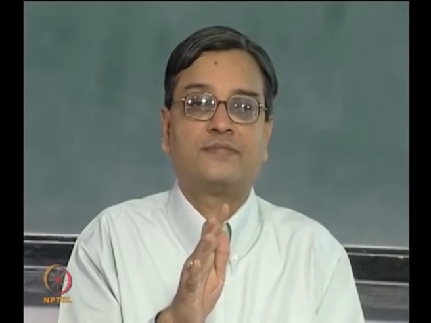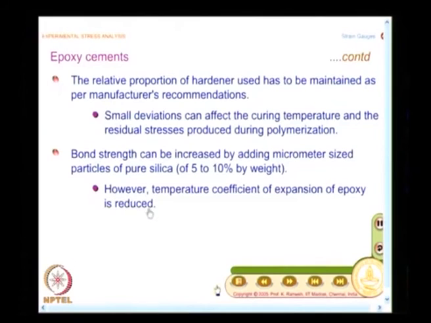You have to do this in conjunction with your other decisions, that you have to always keep a watch on, and thermal influence is a very great nuisance in strain gauge instrumentation. So, what you find here is, I go for increasing bond strength and I find the thermal coefficient of expansion of epoxy is reduced. So, this needs to be properly accounted for.